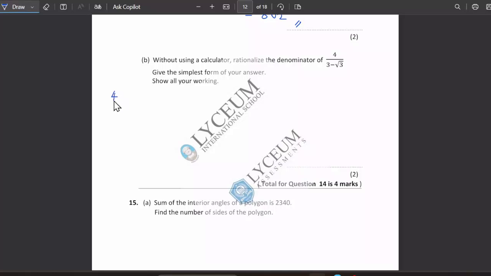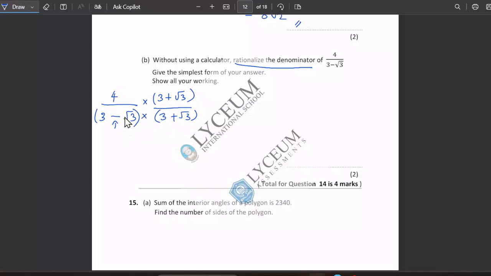So always, if we are asked to rationalize the denominator, what we do is change the sign in the middle of these two terms and multiply both numerator and denominator by the sign-changed term. So if there is minus, we put plus and multiply both denominator and numerator. If there is plus, we put minus here.